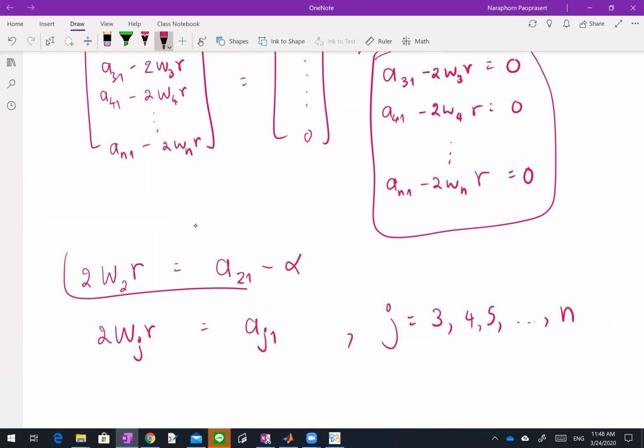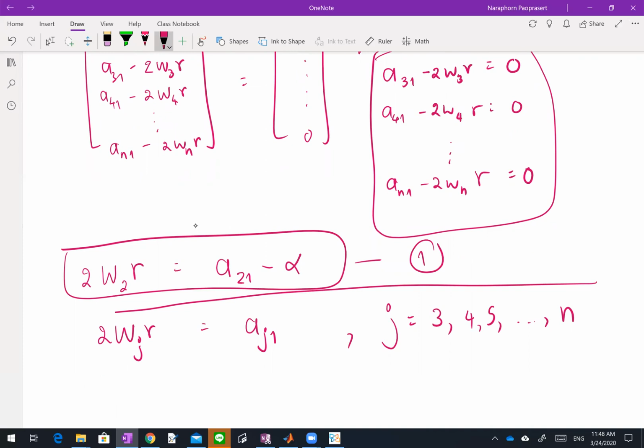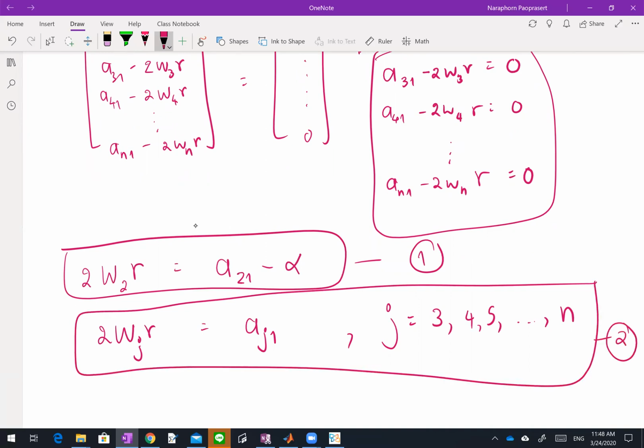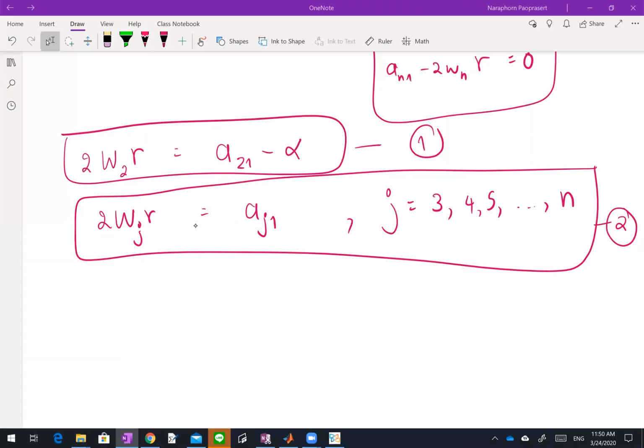I'm just going to call this equation number 1 and this equation number 2. Okay, let me just pause a little bit. Okay, let's come back.